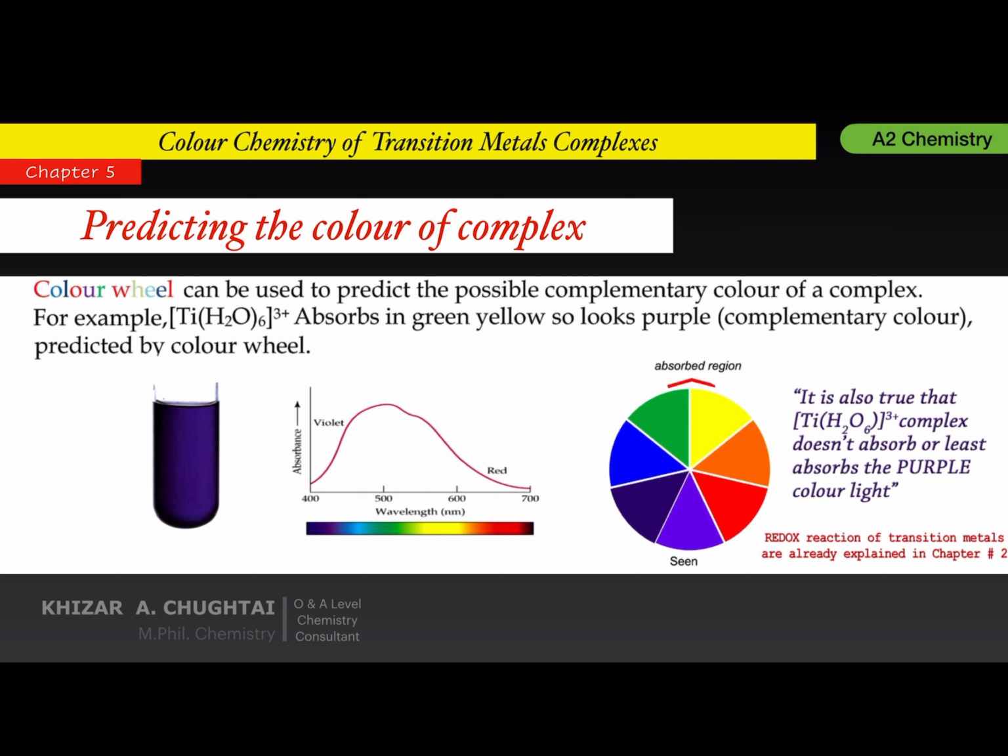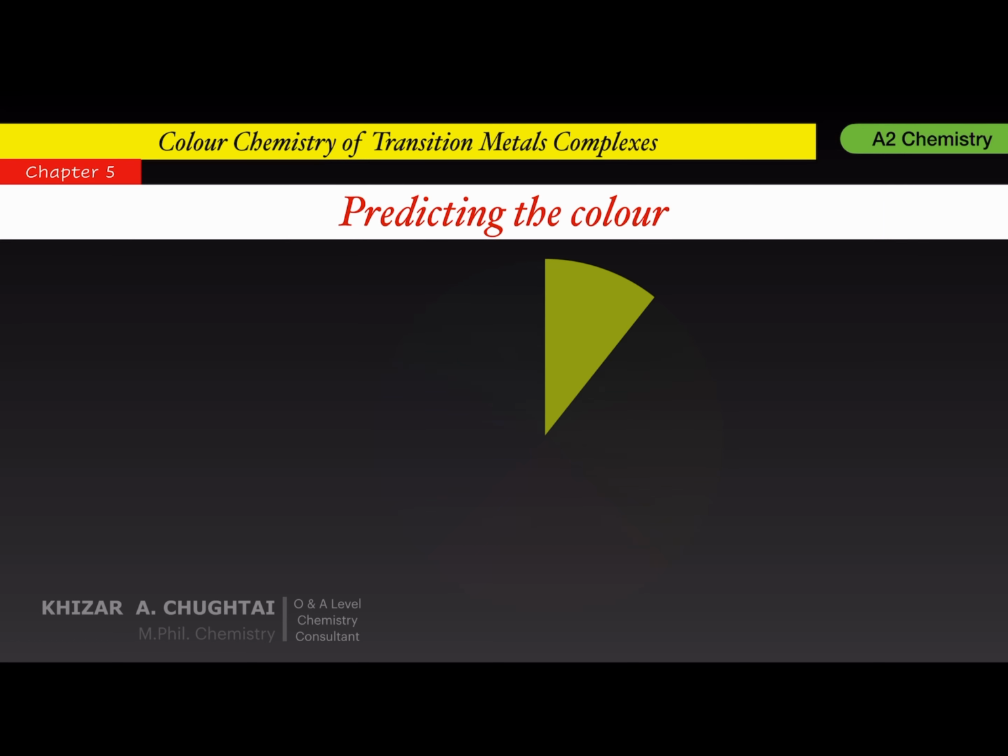The second one, you can predict from the color wheel. This is the color wheel that is showing the 7 band colors. For example, we have the 7 colors of VIBGYOR, I mean the white light components: violet, indigo, blue, green, yellow, orange, red.